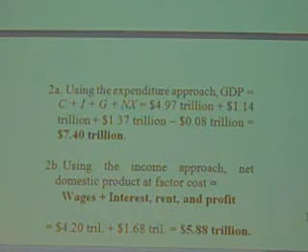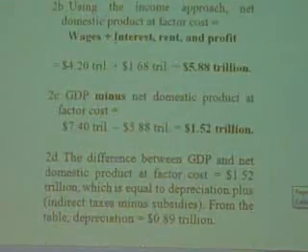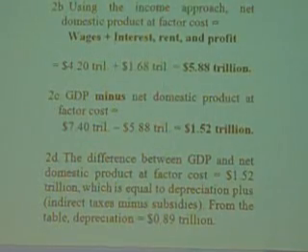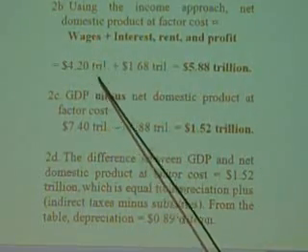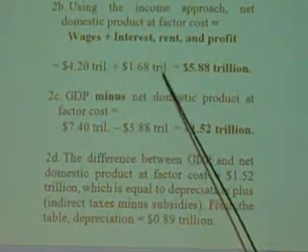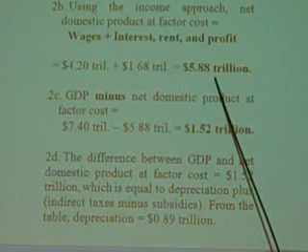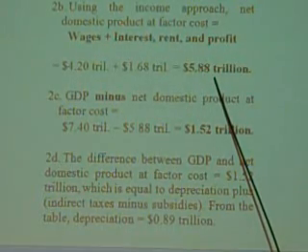Using the income approach, finding the net domestic product at factor cost, that's going to equal wages plus interest, rent, and profit. Wages are here, interest, rent, and profit here. Add those together, you come up with $5.88 trillion.